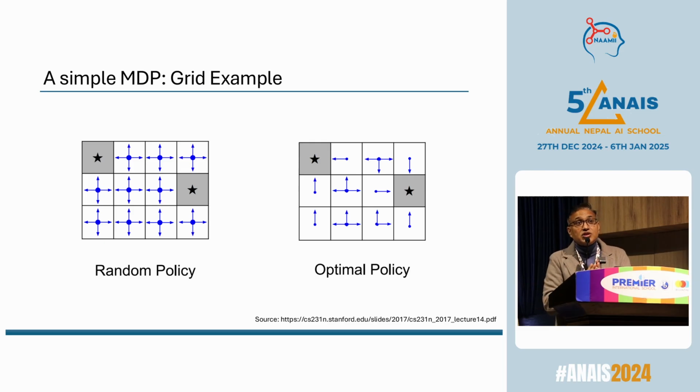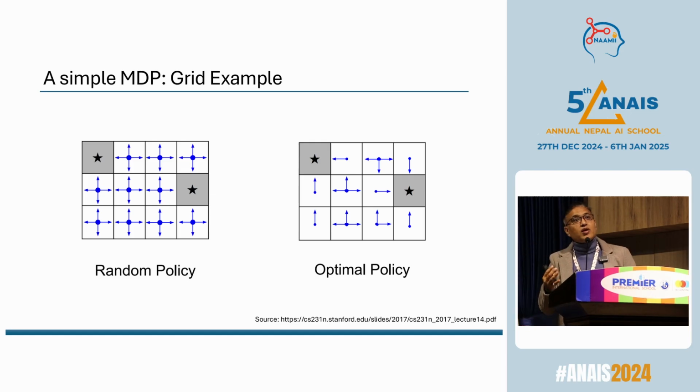Policy is basically a sequence: over a certain period of time, the agent takes a certain action in a particular state, and it gets the reward. Then it takes another action in another state, and it gets a reward, and it takes another action. This whole sequence is what we call a policy.